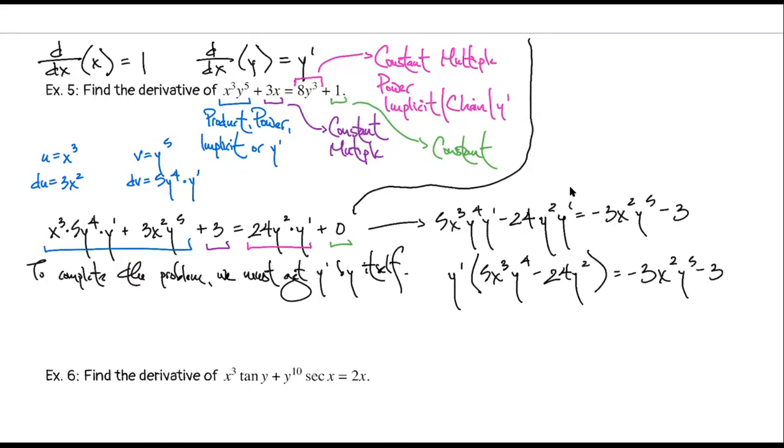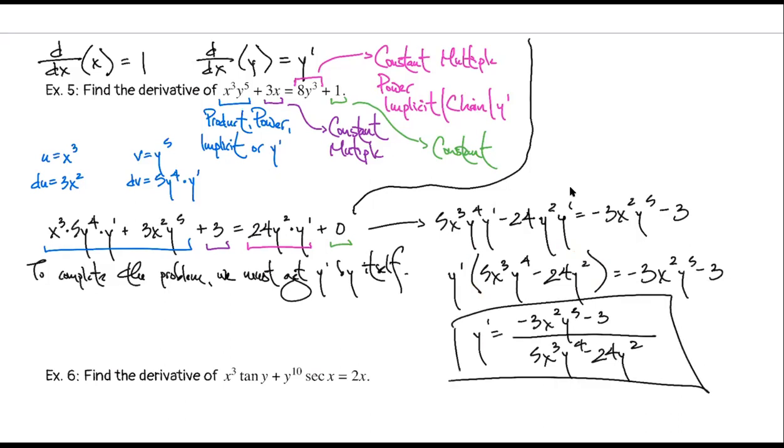That is maybe the most beautiful way to say that. Divide by that whole chunk in the parentheses, right? This whole thing, since it's times y prime, let's just divide it. Done.